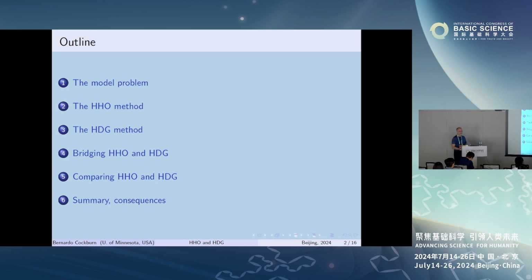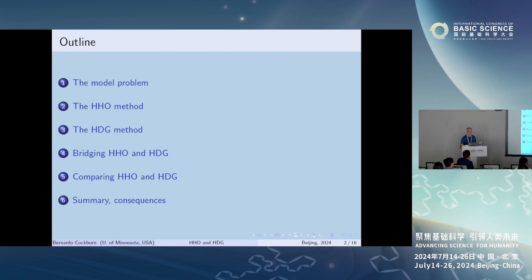And once we are there, we are going to be able to compare the methods and see how some of the properties of the HHO can now be incorporated into the HDG method and vice versa. And then I'm going to show you that new HHO methods and new HDG methods can be obtained thanks to this comparison. And to end, I'm going to say something about the consequences of this relation.